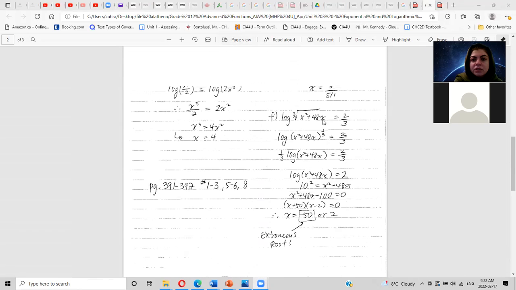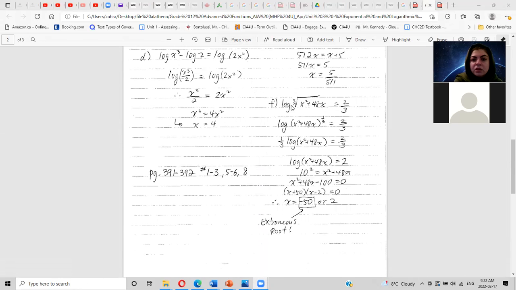Now here, last question. Here's the log of this. So this is a very important question. One thing you need to do, you have to get rid of this square root, this cube root, right? There is a way to do that. As you know, one of the properties that we have for the log, we can bring the power in front.